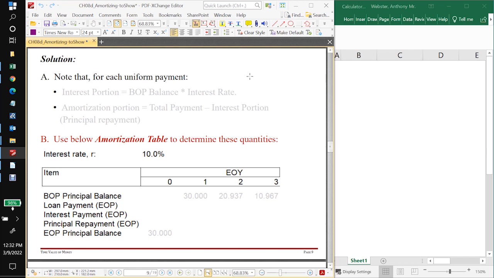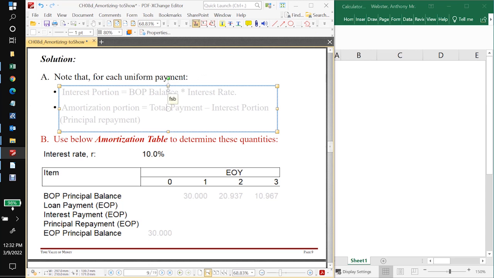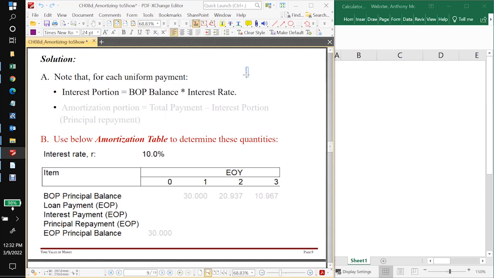To solve this, the first thing to note is that for each uniform payment, there will be an interest portion and an amortization portion. Specifically, the way we can compute the interest portion is that it's always going to be the beginning of period loan balance times the interest rate, which will be our 10% in this case.